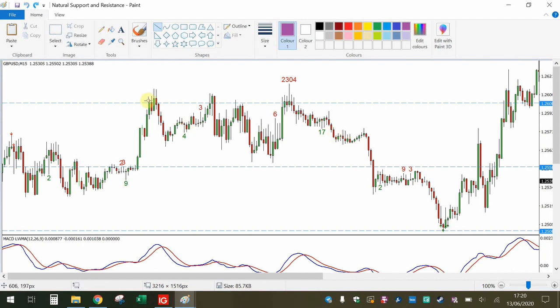The other way, which I advise pretty much for beginners to do, and it requires a bit of patience, is to wait for the cross. I can draw the line. I can't draw the line straight, but you kind of get what I mean. You wait for the cross of the MACD, because what the MACD does is confirm it.